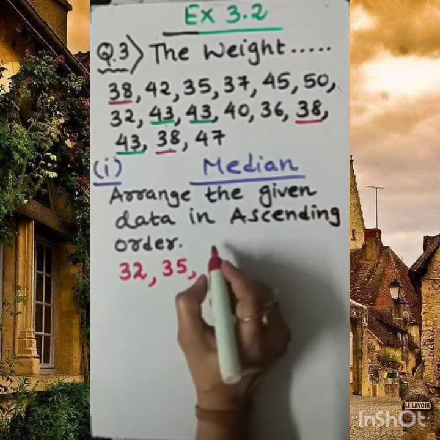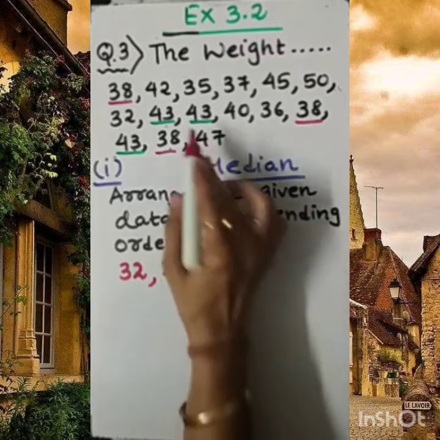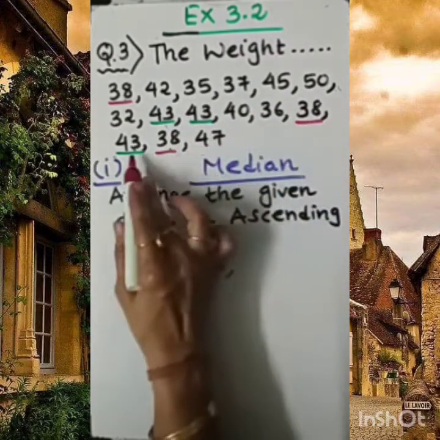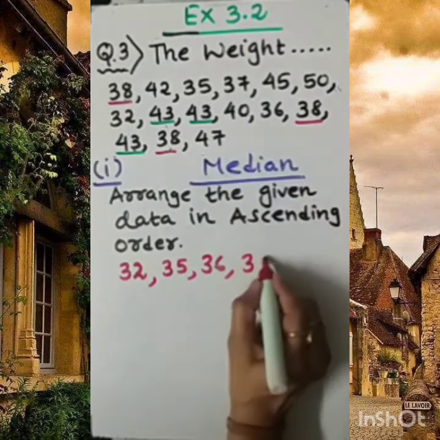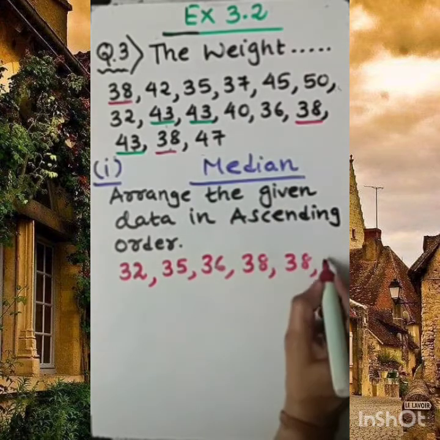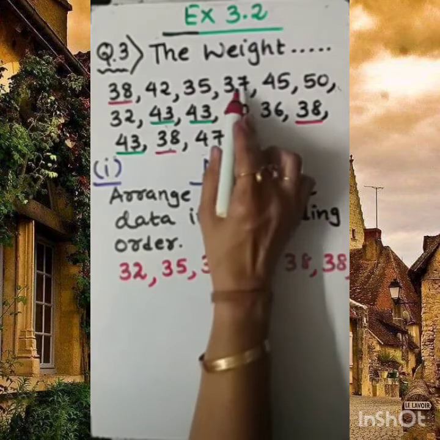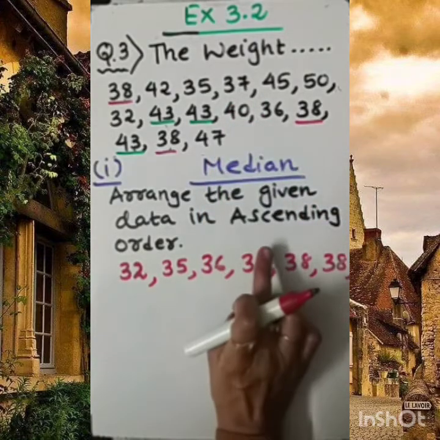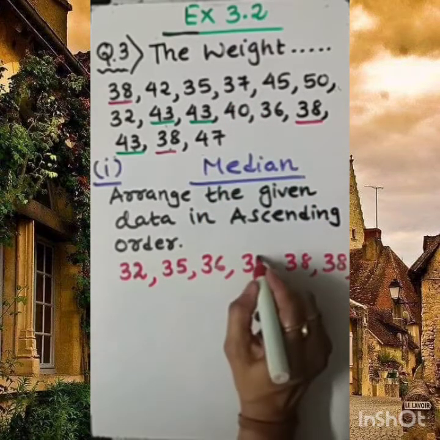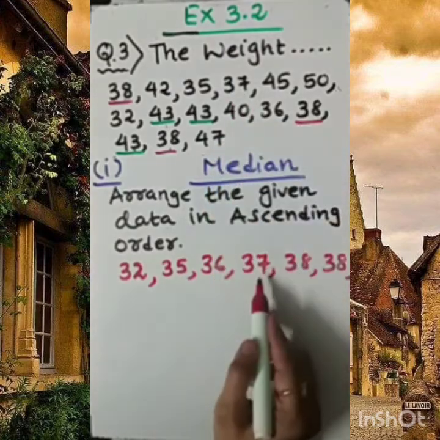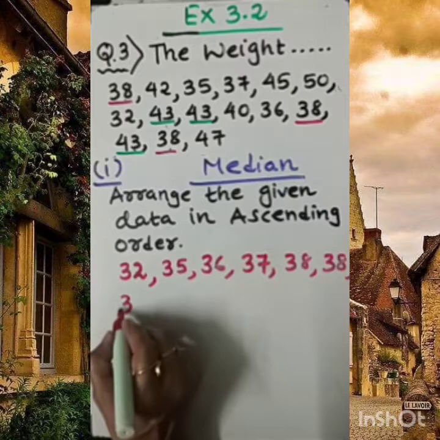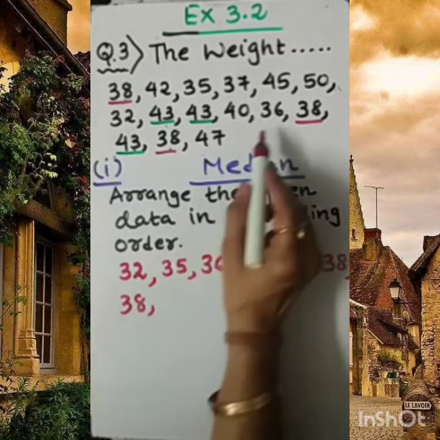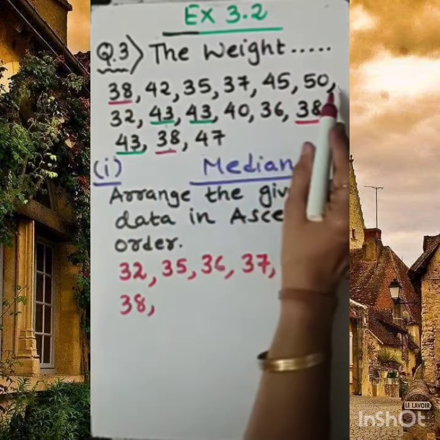Yes, 36 is also there. 37 is there? Yes, so I'm correcting here: 36, and then after that 37, one observation, and 38 three times. Now it's correct.